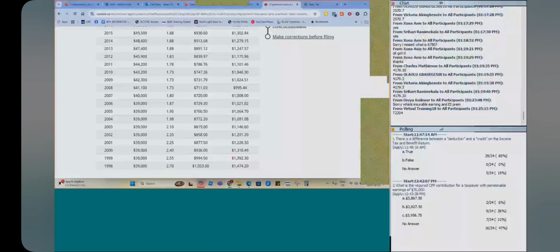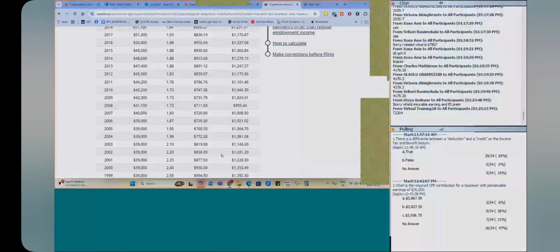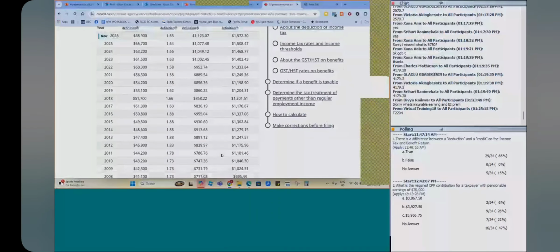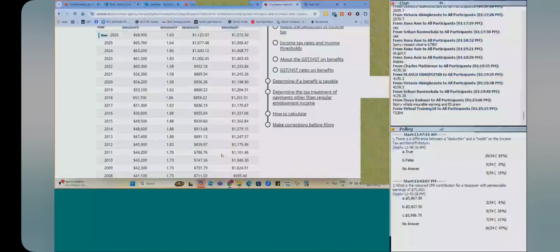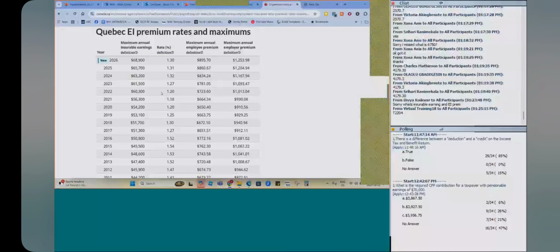So you can see that back in the 90s, the EI contribution rate was over 2%. Since about 2004, it's been less than 2%, and it's fluctuated up and down, although it's been relatively stable since 2017. In Quebec, it is a little different, and in general, a little bit lower, although it also fluctuates.